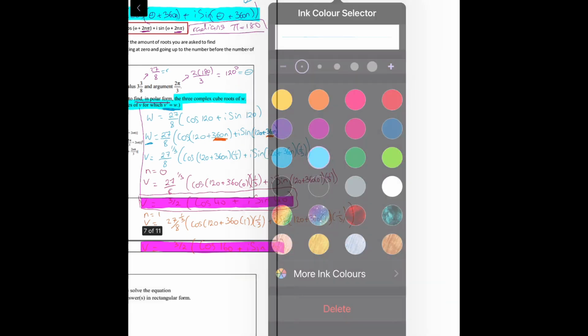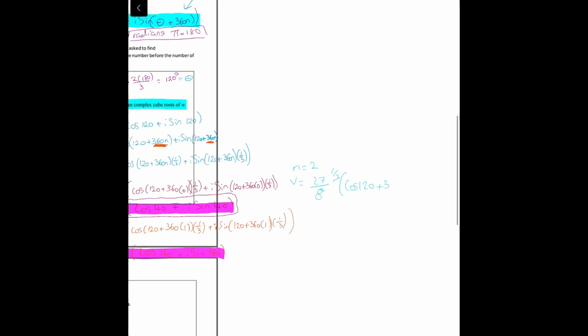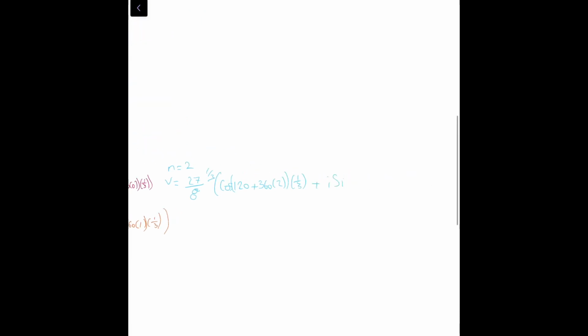Finally then, my third answer, I'm going to do the same thing, but what I have to do now is let n equal 2. So I have n equals 2 as my last number. I'm going to have v equals 27 over 8 to the power of 1/3. Then I'm going to have cos 120 plus 360 times 2, multiplied by 1/3, and then my sine is going to be the same thing, plus i sine 120 plus 360 times 2, multiplied by 1/3.